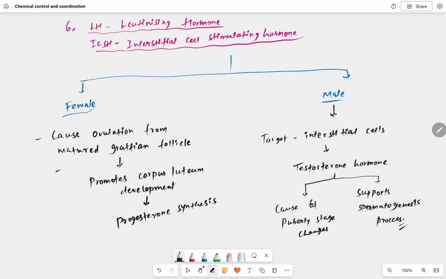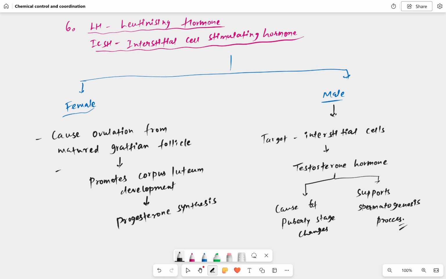So till now we have covered all about the hormones of the anterior pituitary, one by one: growth hormone, thyroid stimulating hormone TSH, ACTH, adrenocorticotropic hormone. Then we covered the prolactin, and further we covered the FSH and LH.